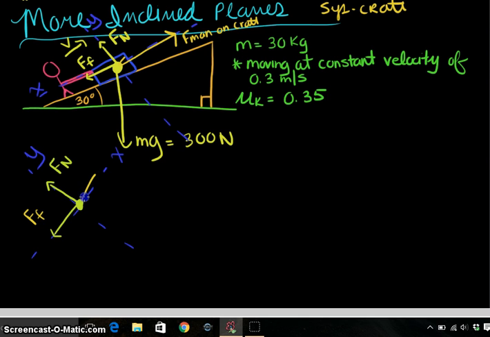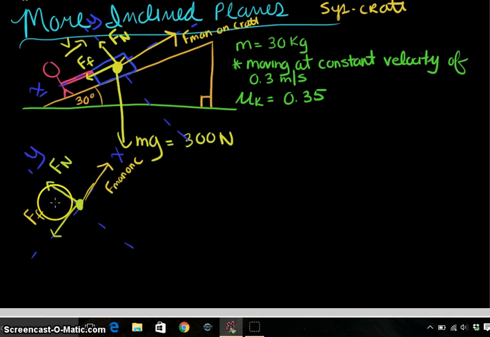The force of the man on the crate, hold on, it's a little bit messy for you. The force of the man on the crate is here. I don't really know how long to make that just yet. And now I have to think about resolving this mg. Okay, so I want the y component of mg.